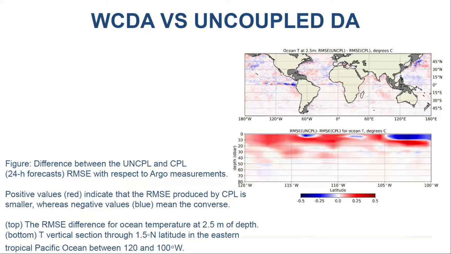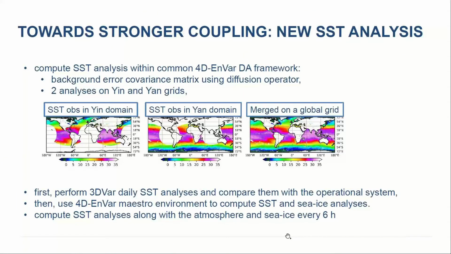We suppose that such performance, which is similar to uncoupled assimilation, is related to the current state of the sea surface temperature data assimilation, which is uncoupled, and impacts greatly the performance of ocean data assimilation. That is why we are going to find a more consistent way to perform this coupled data assimilation, and we are moving towards stronger coupling.